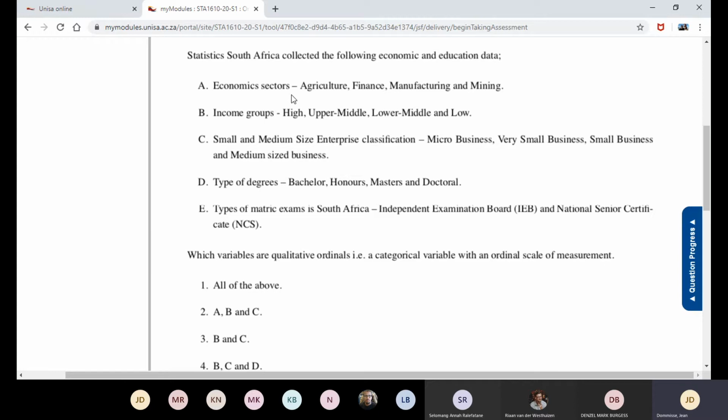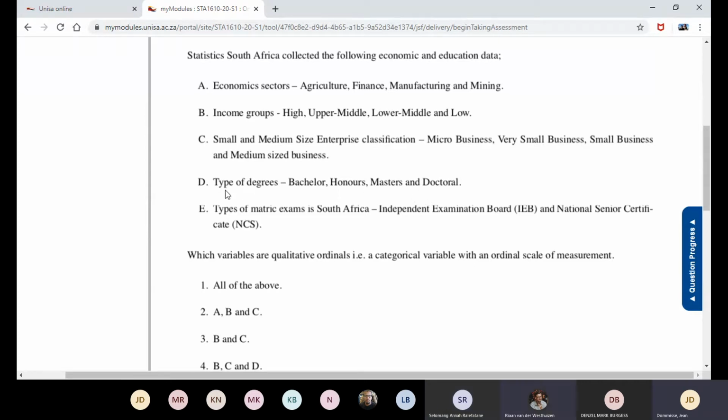Is economic sectors ordinal, yes or no? No, so it's not A. Income, high, upper, lower, low: yes, 100%. Small, medium, micro, very small: yes.